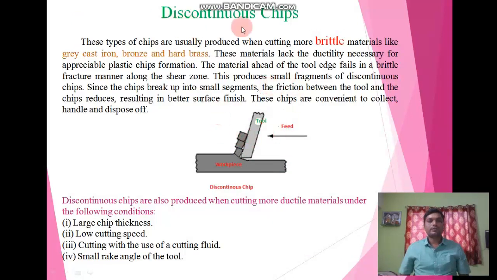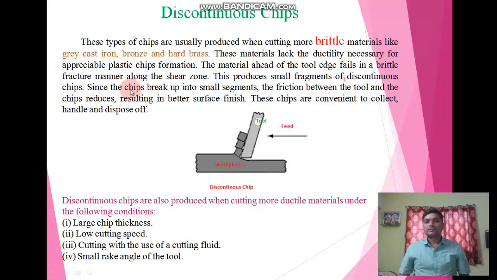First we will discuss discontinuous chips. Discontinuous chips occur in brittle material when we apply force over it with the help of the tool. Brittle material lacks ductility, and because of that it fails in a brittle fracture manner along the shear zone during machining, producing small fragments of chips called discontinuous chips.